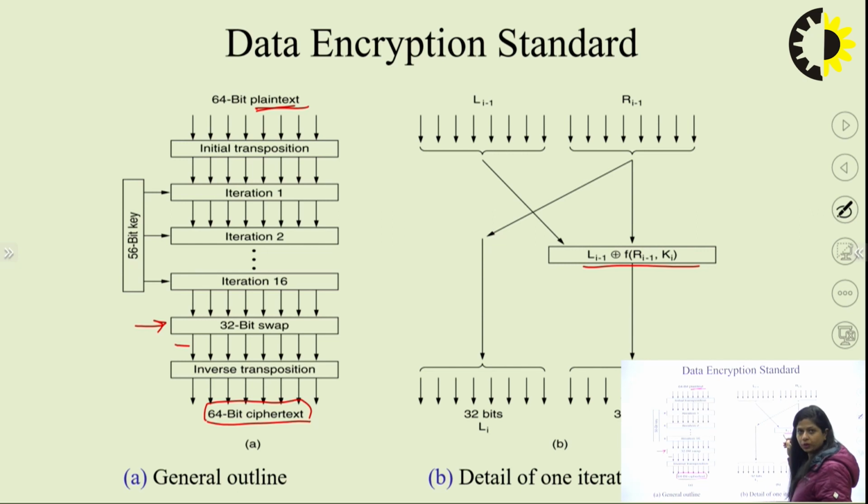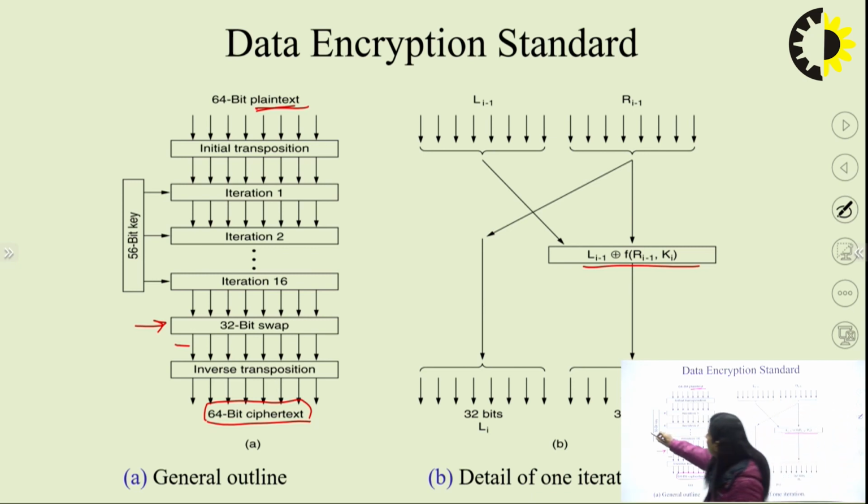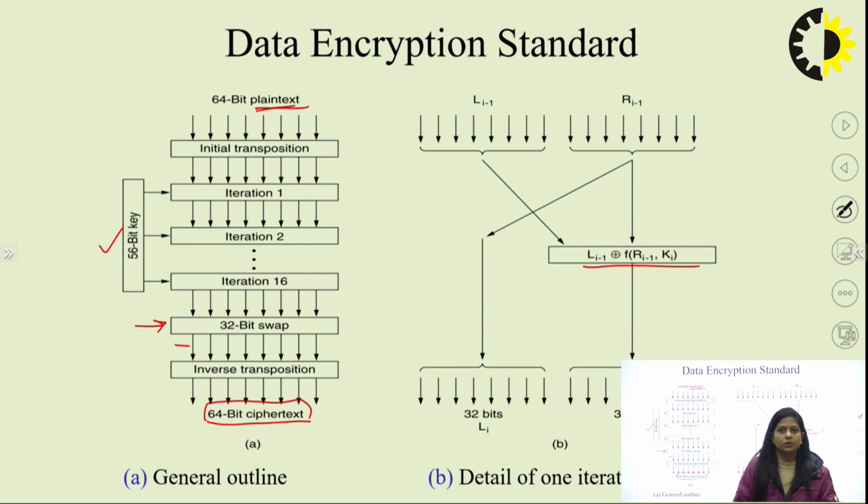Okay, after division, now we apply a formula over here: L(i-1) XOR some function. What the function is: R(i-1), that means bits from the right-hand side, along with the key. Which key? A 56-bit key which we are using, right? After performing this function, we get the right 32 bits.